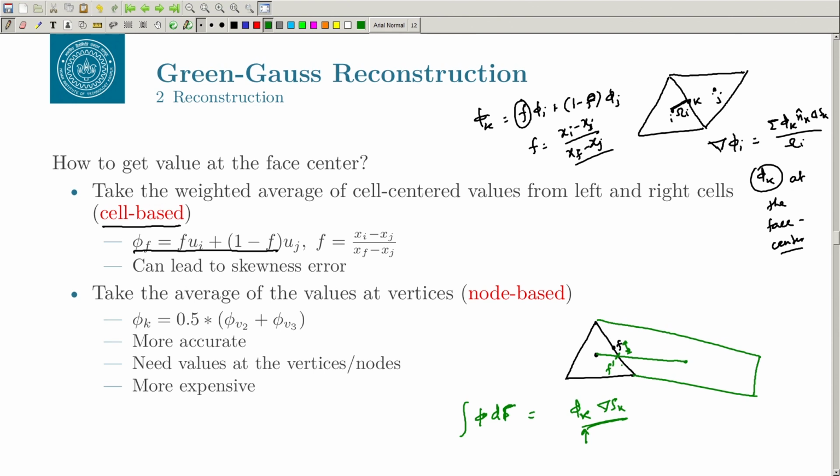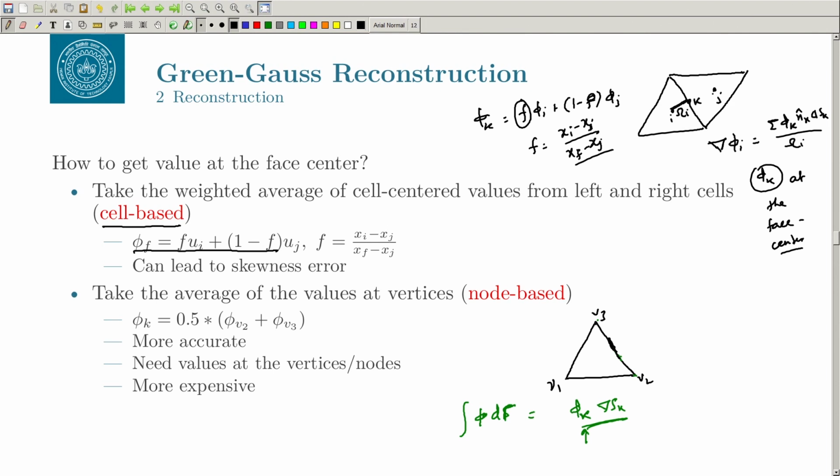So, the other approach is that instead of using the cell based, you calculate the value based on the nodes, right. So, what will you do there? Remove all these parts here. This face has got two nodes here, let us say this is my V1, V2 and V3.